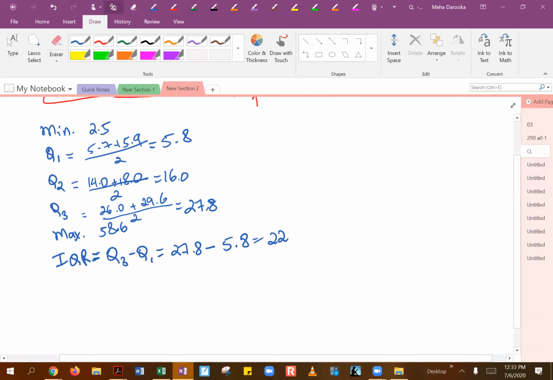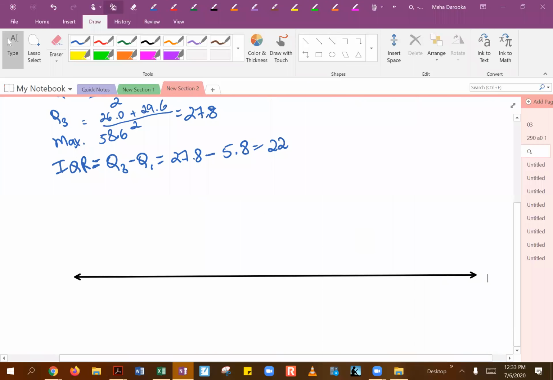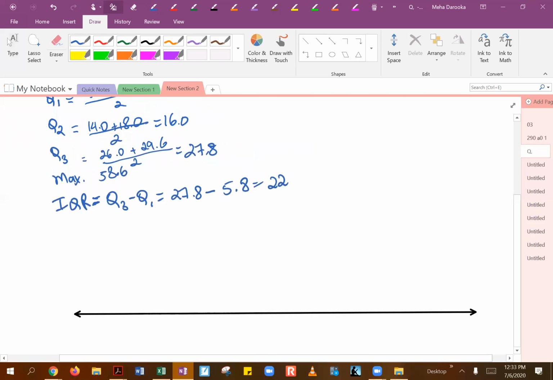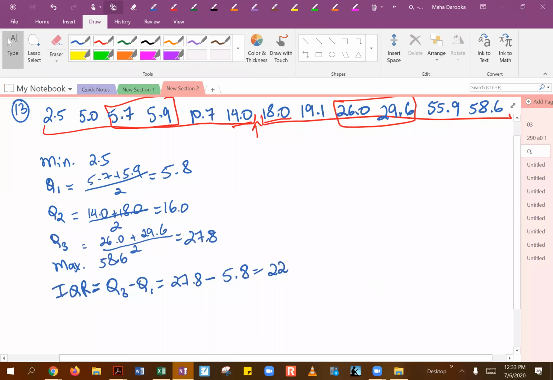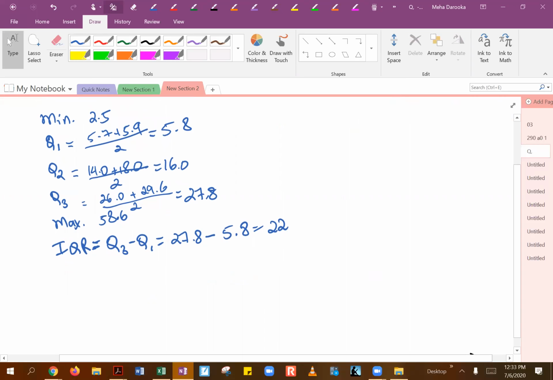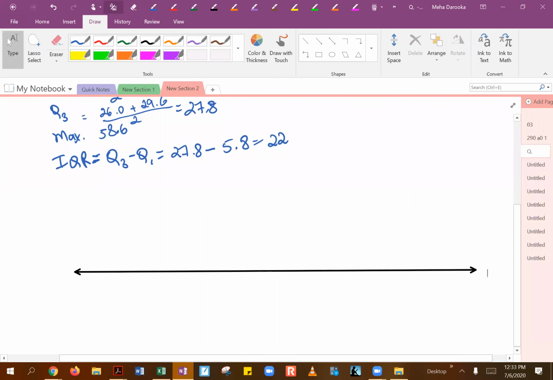So what kind of scale would you use on your horizontal axis over here? We can't start with 0 in this case, since 2.5 is our smallest value, and probably go up to 60 since we've got 58.6. So how would you break up that scale on this horizontal axis if we're going from 0 to 60?